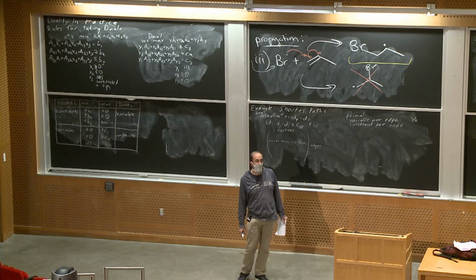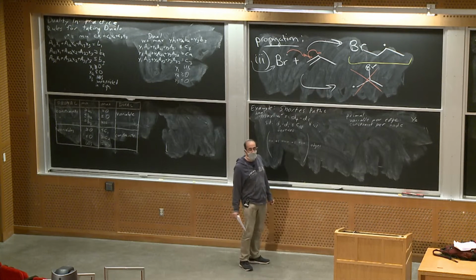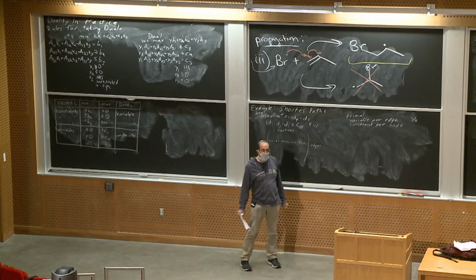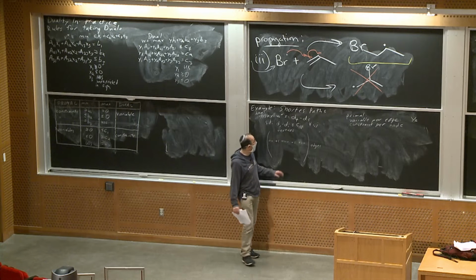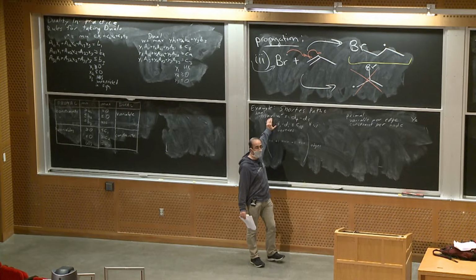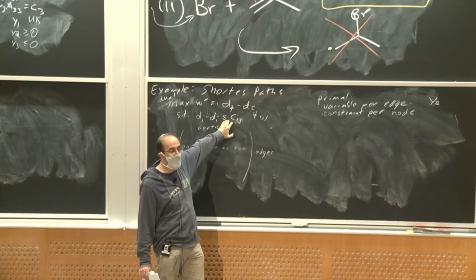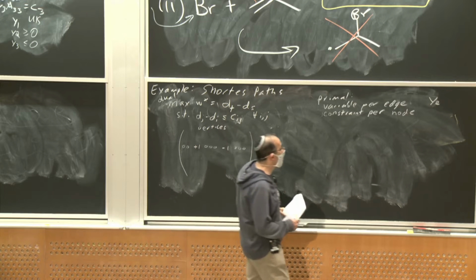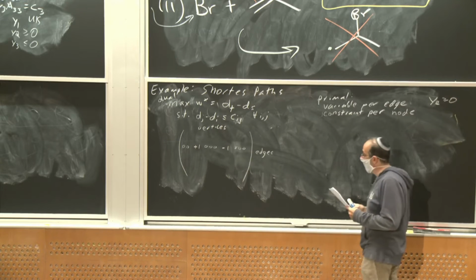Correct. We have d_j plus c_ij. Exactly. So that's the dual, so then our variables will all be non-negative. Exactly. We have a maximization problem. The constraints are upper bounds, and that means they're in the natural direction for the objective, and that means that the corresponding variables are non-negative. Okay.